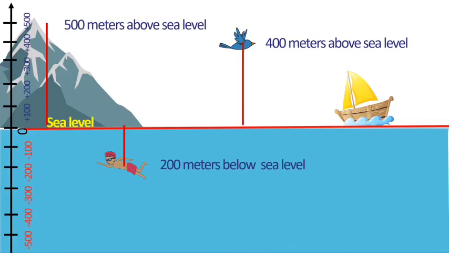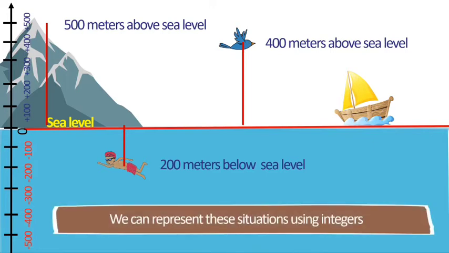In math, we can represent these situations using integers. The sea level is marked as 0. Let's have first the height of the mountain, that is 500 meters above sea level. To represent this using an integer, as you can see doon sa ating number line, that is plus 500 or positive 500.